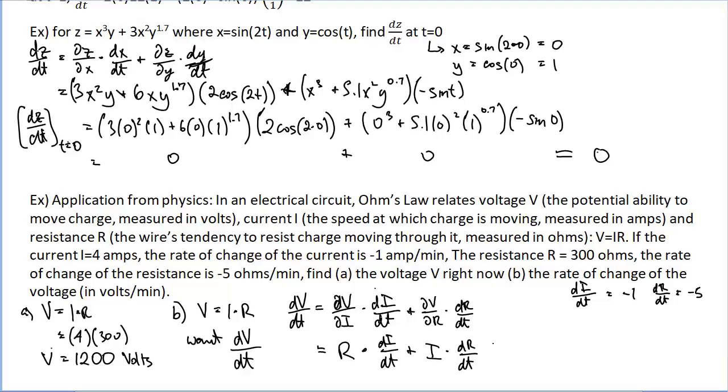So at this particular moment, we know that R equals 300, and we know that dI/dt is -1, and at this particular moment, we know that I is 4, and we know that dR/dt is -5. So put that all together, and you get -320, and the units we're using are volts per minute.